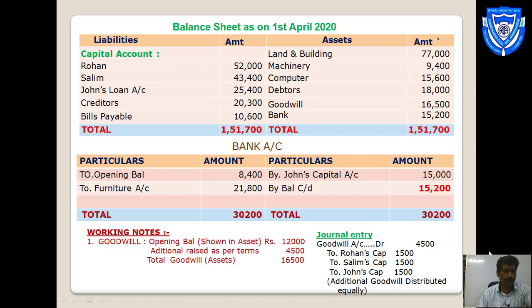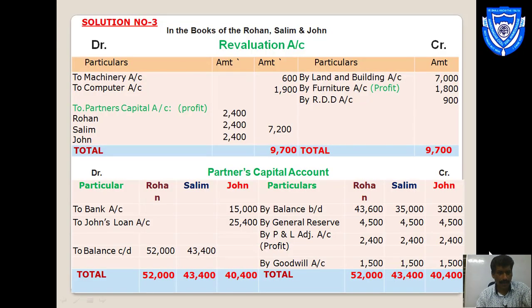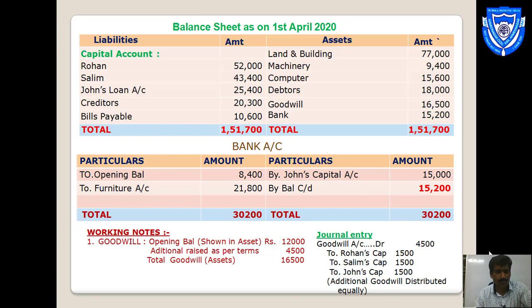Rohan 52,000 and Salim rupees 43,400. Again take down John's loan balance, that is 25,400, on the liability side, John's loan account rupees 25,400.